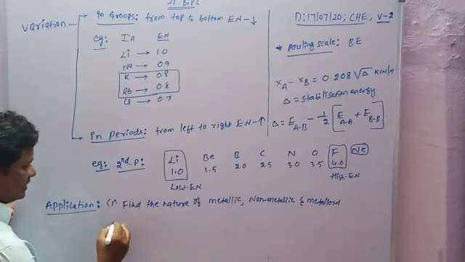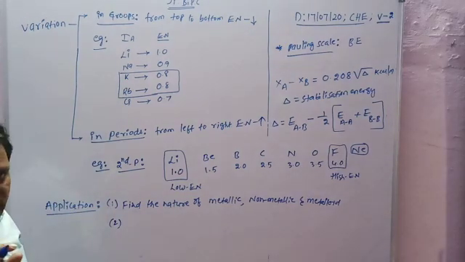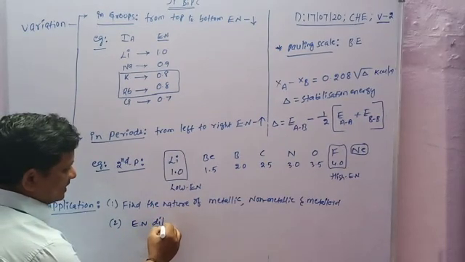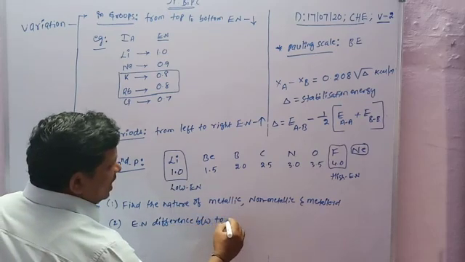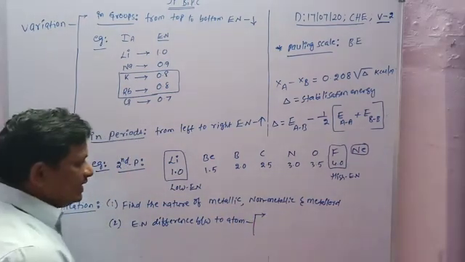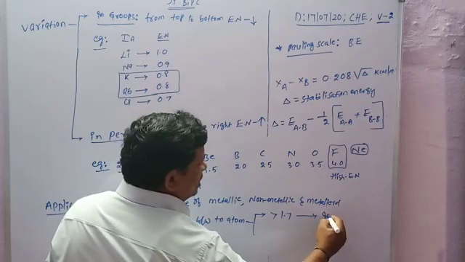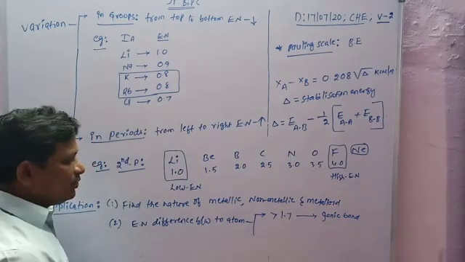So now second application is, if the electronegativity difference between two atoms in a molecule is greater than 1.7, the bond nature is ionic bond.